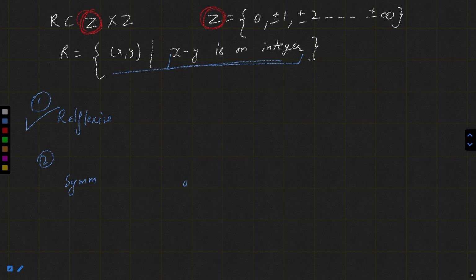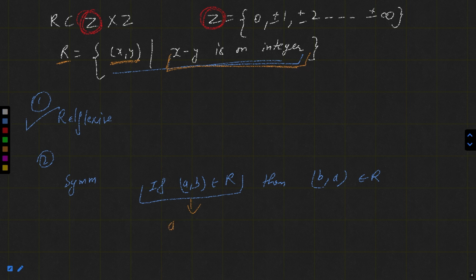For symmetricity, if (a, b) belongs to R, then (b, a) must belong to R. If (a, b) belongs to R, that means the difference is an integer, so a minus b is equal to some integer, let's name it k.